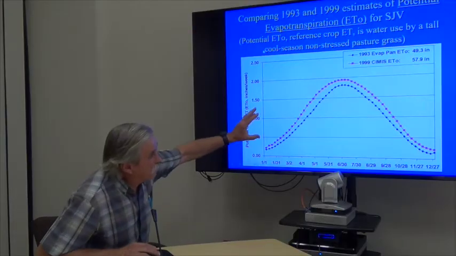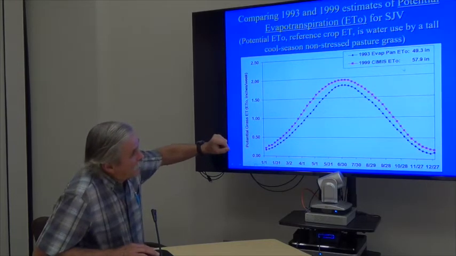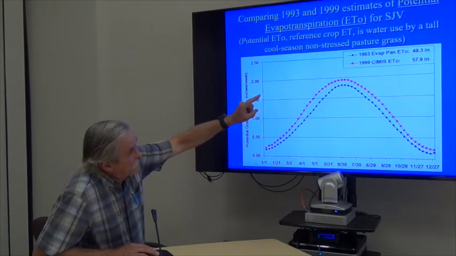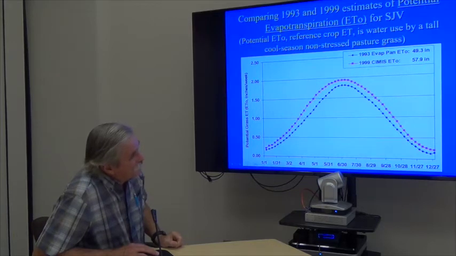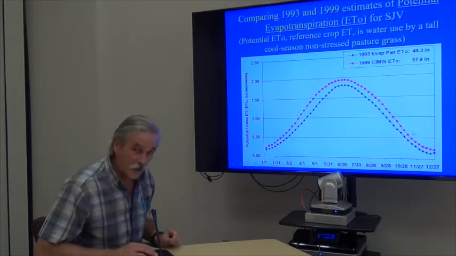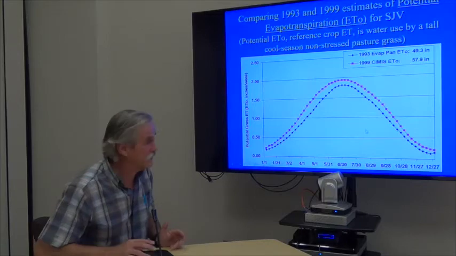So here's the bottom line. If you take region 15 and look at the old 1993 data by itself, that was 49 inches here, and the updated 1999 number was 58 inches. Is this global warming? Maybe partly, but it's also better data collection.